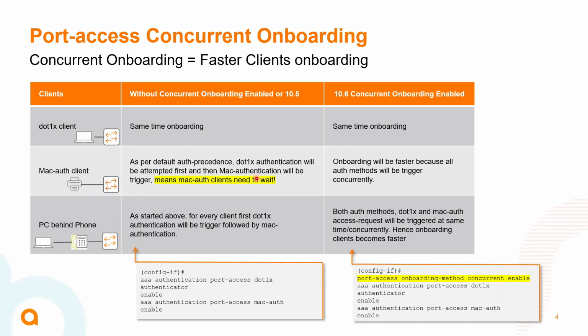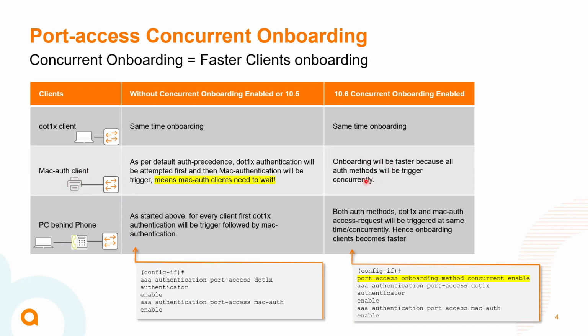It means every Mac auth client connected on AOS-CX switches with both authentication mechanisms turned on the port needs to wait, in the worst case, if the EAPOL timers are not tuned, for 162 seconds.